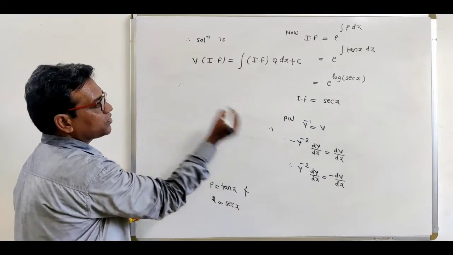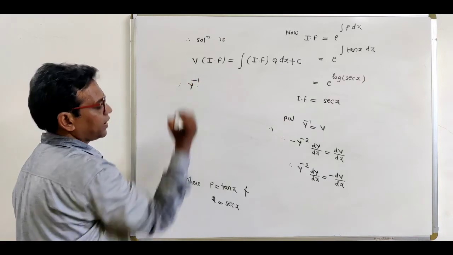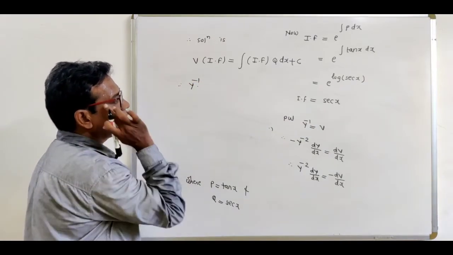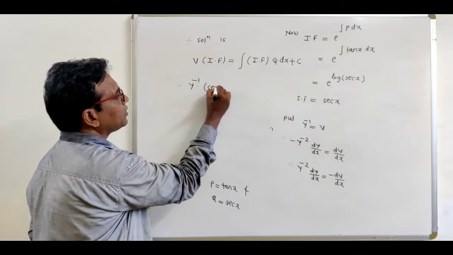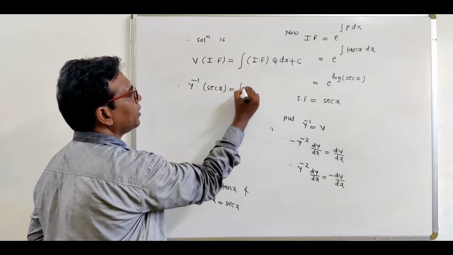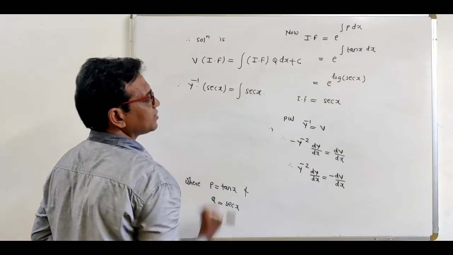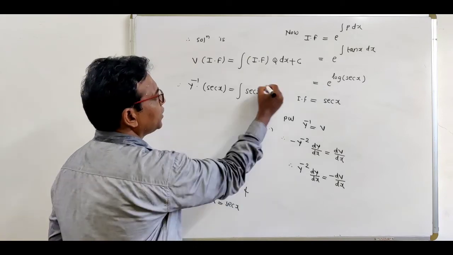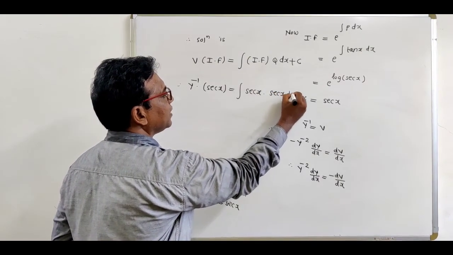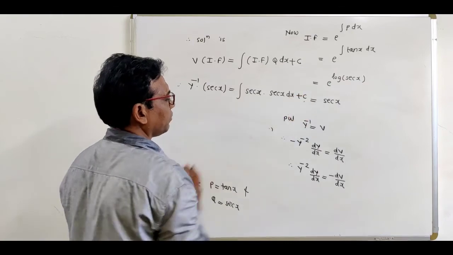Put the values: v is y raised to minus 1, the integrating factor is sec x, equal to integral sec x, and q is again sec x, dx, plus the constant of integration.